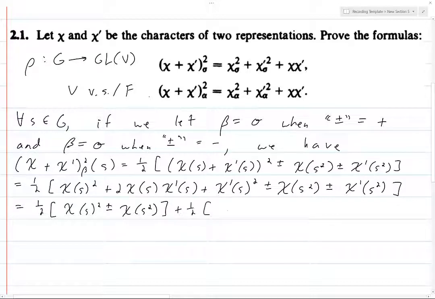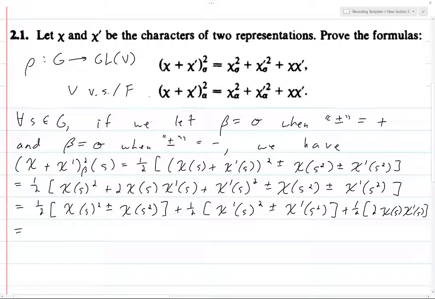This is all just moving stuff around. Then we put the chi prime of s squared, we group these together, and we also have the 1/2. And then what are we forgetting about? We're forgetting about that 2 chi of s chi prime of s term.